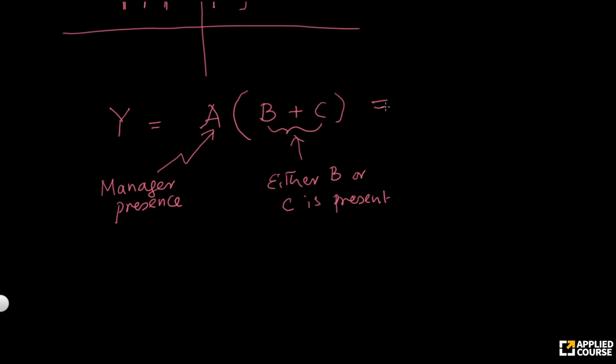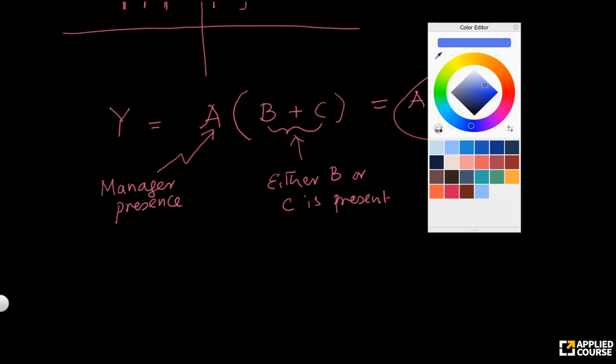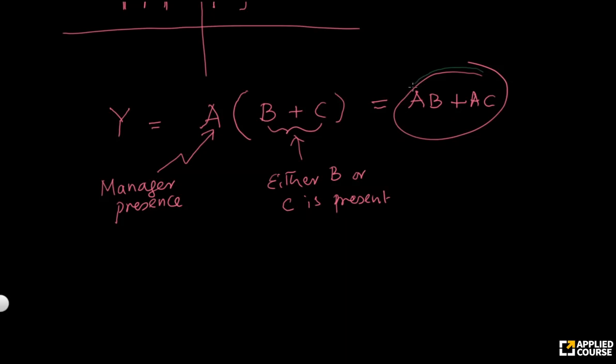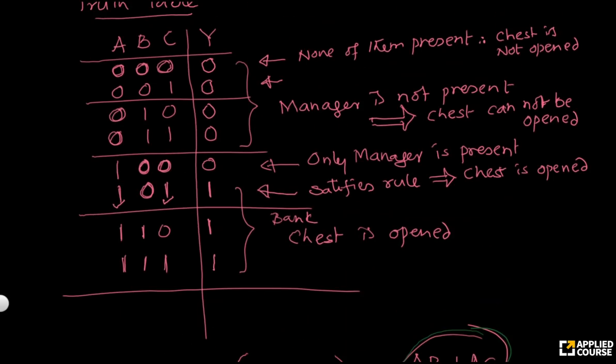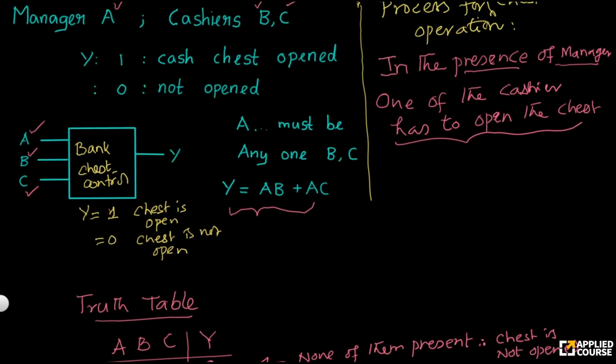With a little bit of expansion, it gives AB plus AC. This is what we saw in the beginning: the control expression y equal to AB plus AC.